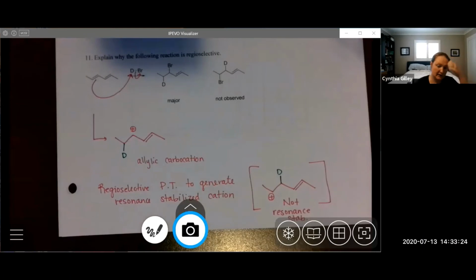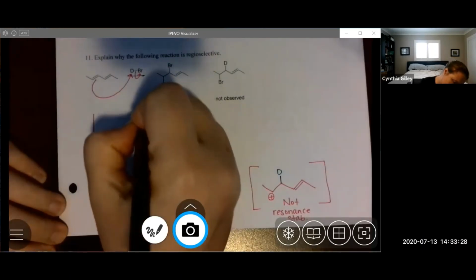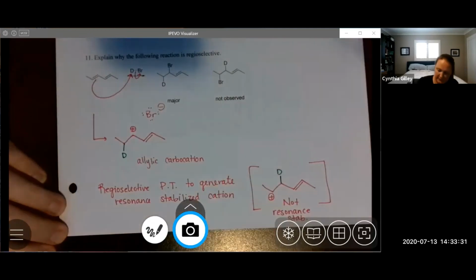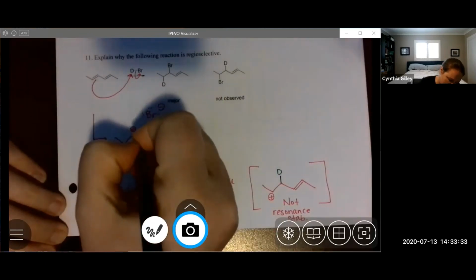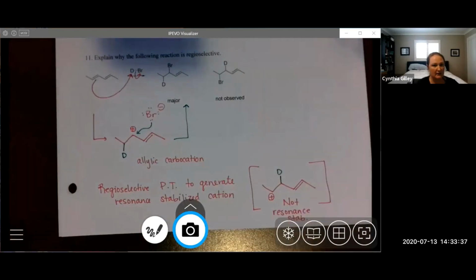So from here, the bromide that gets formed in the first step just does a nucleophilic attack to produce the major product.